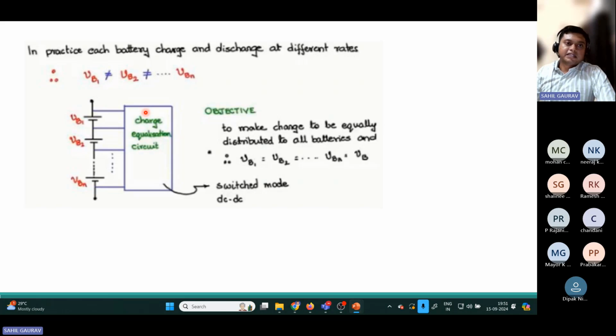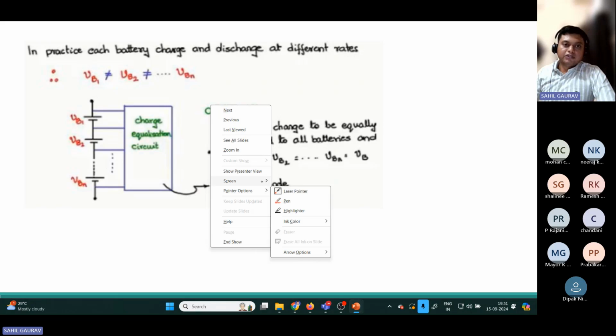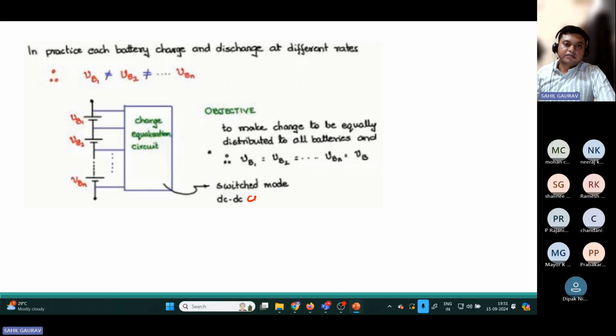So in order to make the battery voltages the same, we have to use this charge equalization circuit, such that the charge is equally distributed to all the batteries, and we can make the battery voltages V1, V2 equal to the same voltage V. Here for the charge equalization circuit, again we have to use a switch mode DC-DC converter.